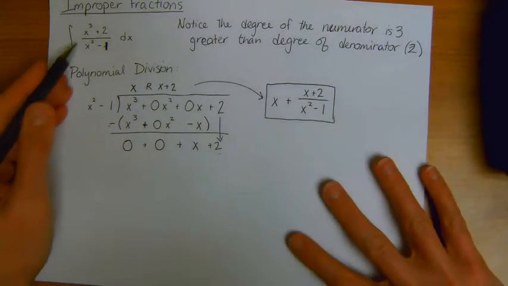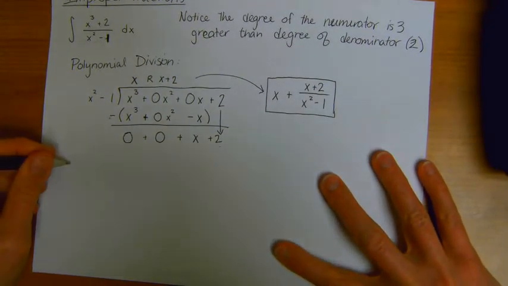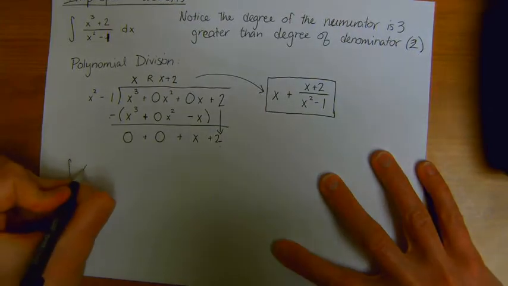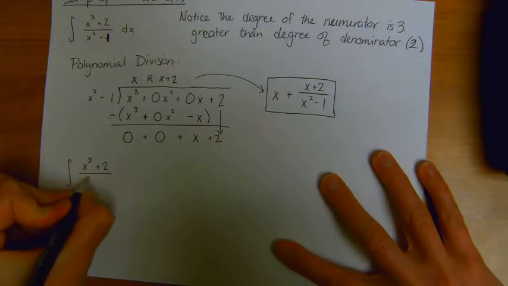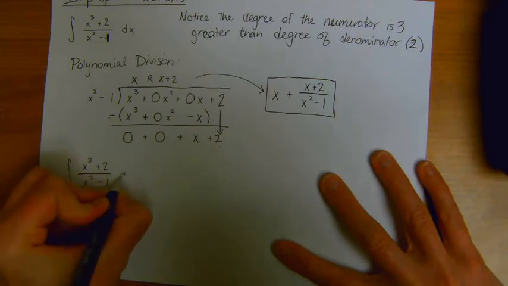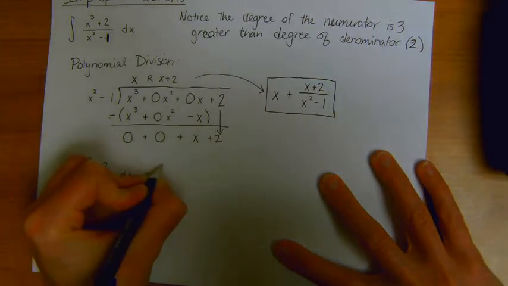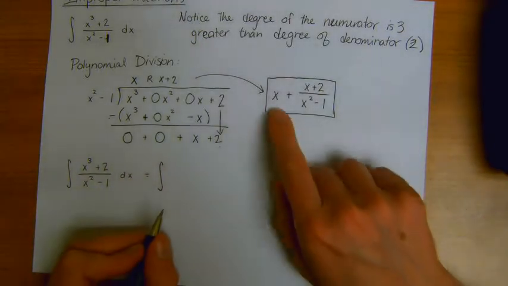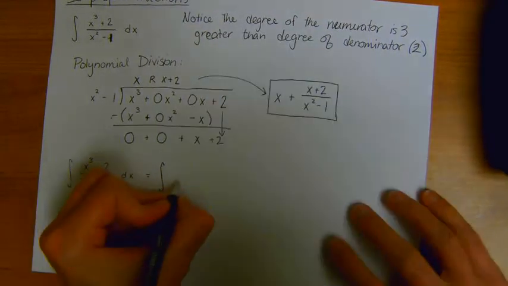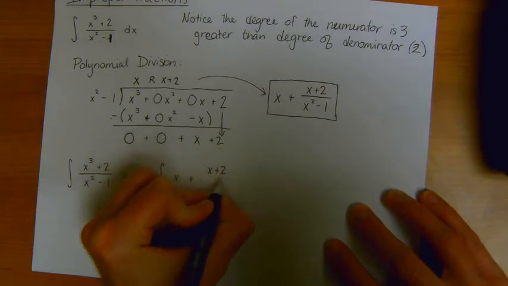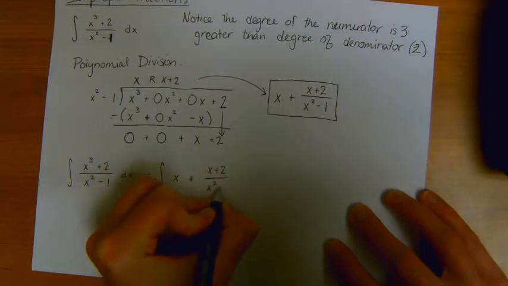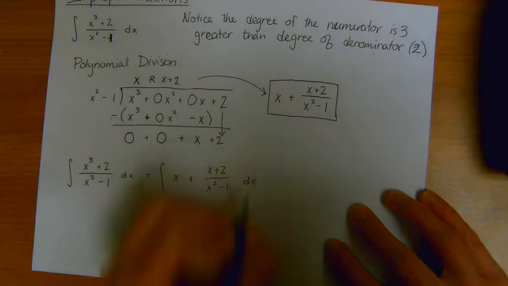So what does this tell us? Let's go back to our original integral for a second. That's telling us that the integral of x cubed plus 2 divided by x squared minus 1 dx is equal to the integral of this function, which is x plus 2 divided by x squared minus 1 dx.